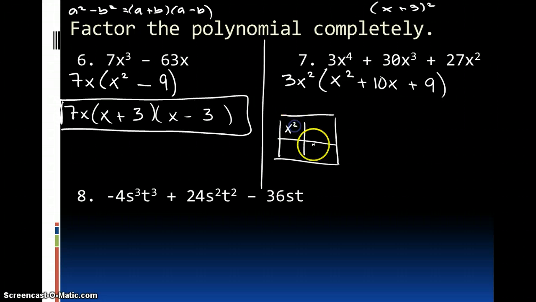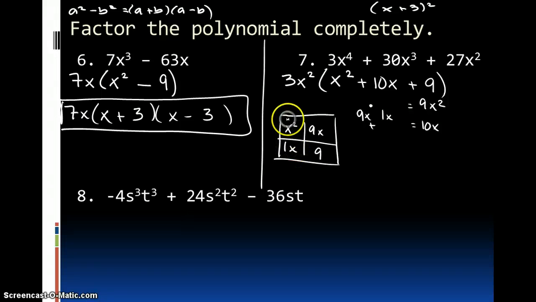First term, first box. Last term, last box. And I need two numbers that will multiply to give me 9x squared, and that will add to give me 10x. 3 and 3 don't work. That's why this didn't work out for me. But 9x and 1x do work.